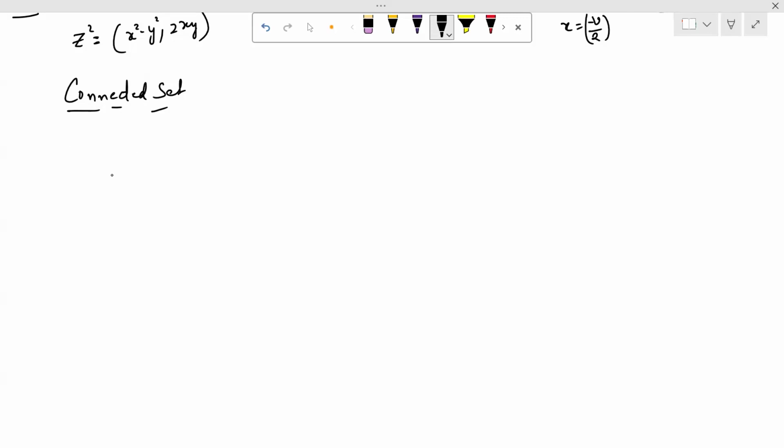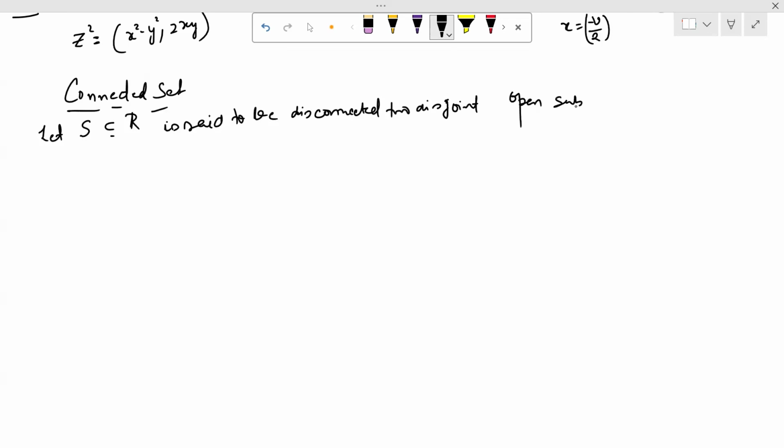If I'm saying connected set, I'll not define connected, I'll rather define disconnected set. So let S be a subset of R, and S is said to be disconnected if there exist two disjoint open subsets of R. The same definition we can do for C also.